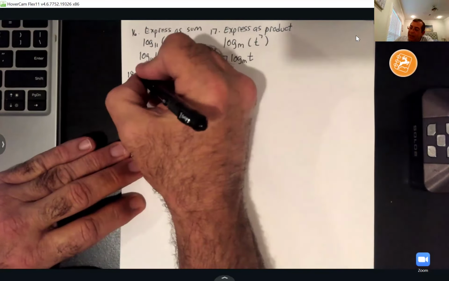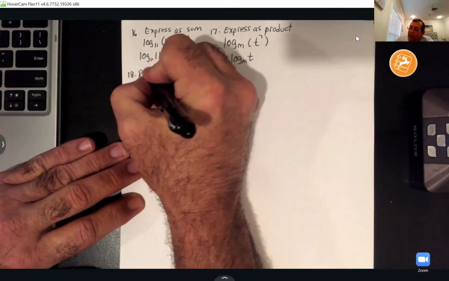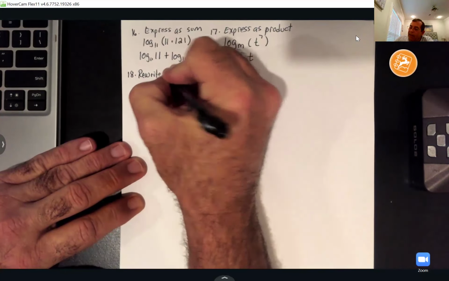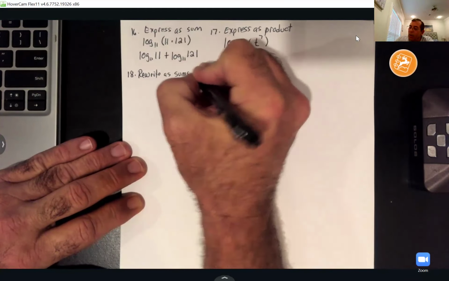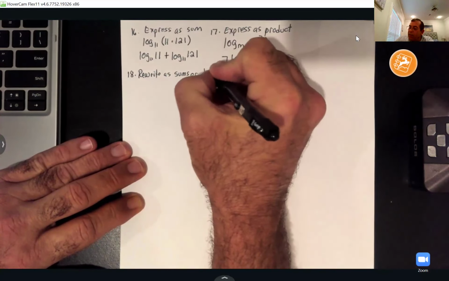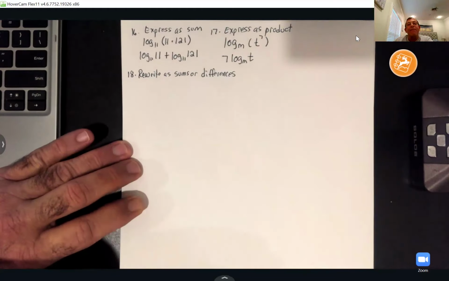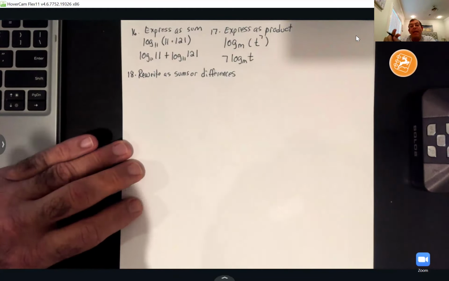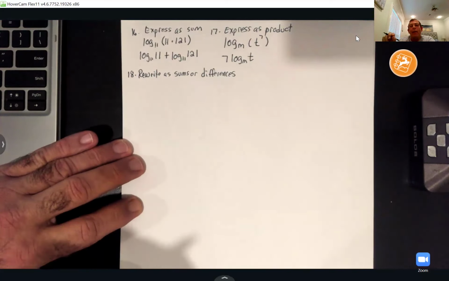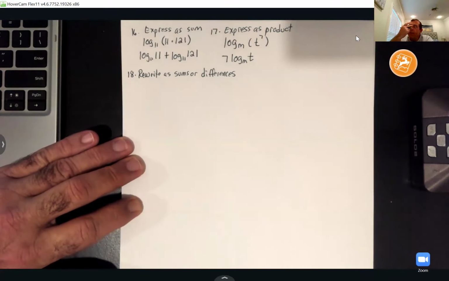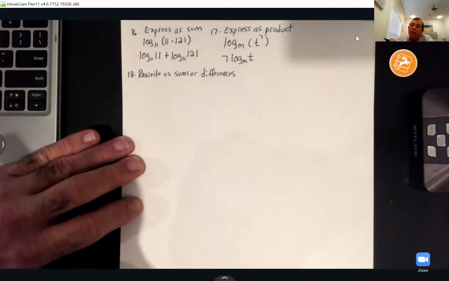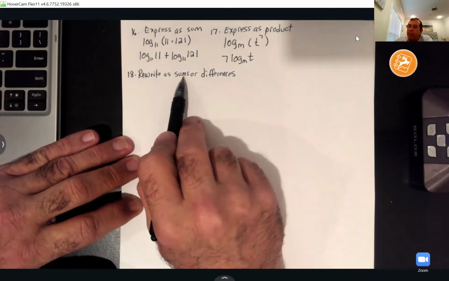Now this 18, it says rewrite as sums or differences. So we got to figure out if we're going to rewrite them as addition or as subtraction. So remember, if it's a product, I rewrite them as sums.